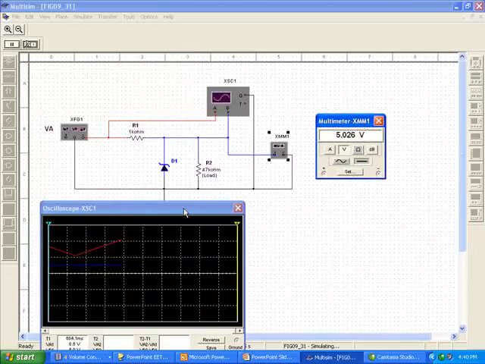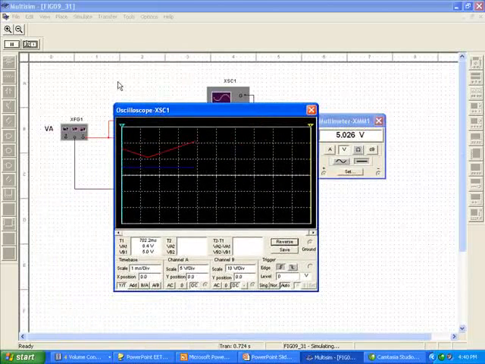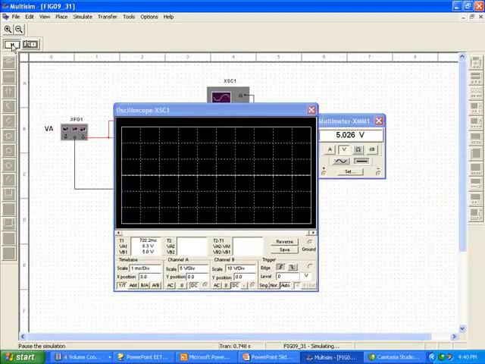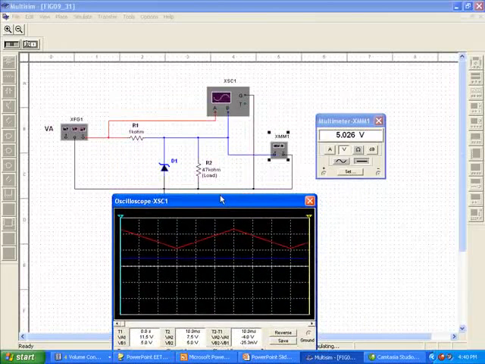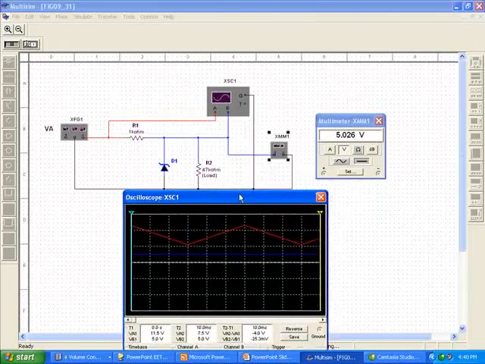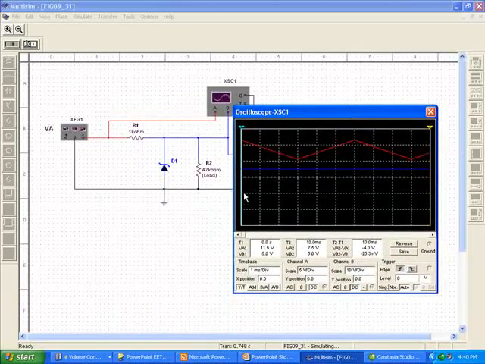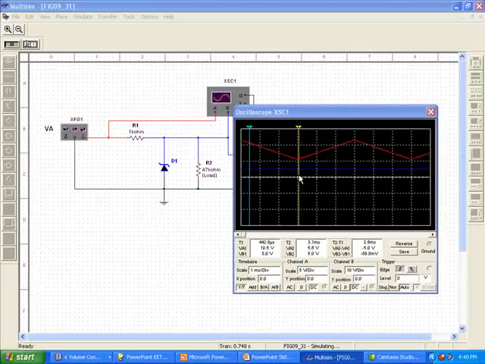Now, let's pause this and take a closer look at our input. I'm going to scroll back to time 0 on the input, and let's just take a look at what our input values are. So here we have cursors 1 and 2, and let's see if we can separate them out.